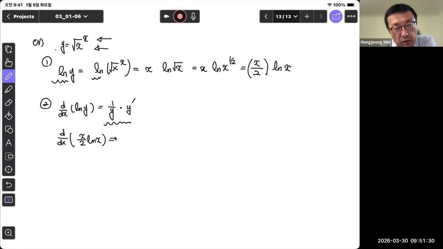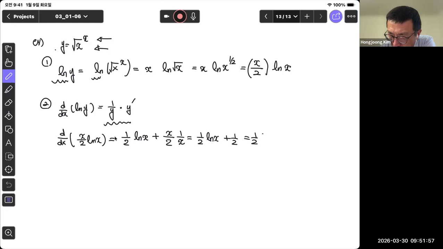If I differentiate the first function, you get 1/2 multiplied by the second function, ln x. And then x times 1/2 times the derivative of the second function, which is 1 over x. So 1/2 of ln x plus 1/2, in other words 1/2 of ln x plus 1. That must be the same as the derivative of the left hand side.